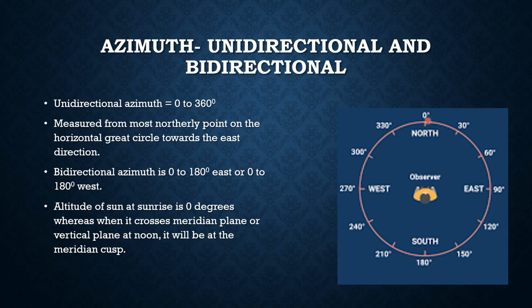This is unidirectional. The other approach is you may move from 0 to 180 degrees east, and from 0 to 180 degrees west. The altitude of the sun at sunrise will always be 0 degrees.